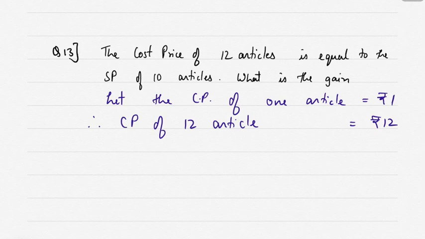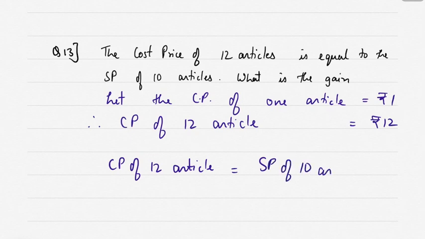Correct? And they have said cost price of 12 articles is equal to selling price of 10 articles. So cost price of 12 articles is equal to selling price of 10 articles.